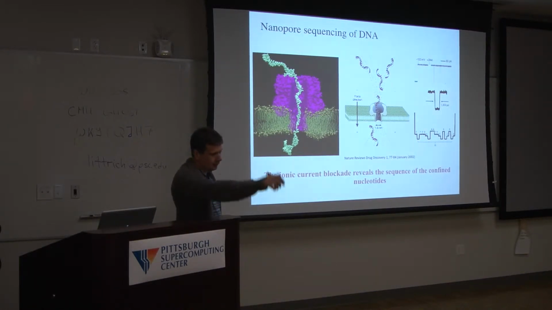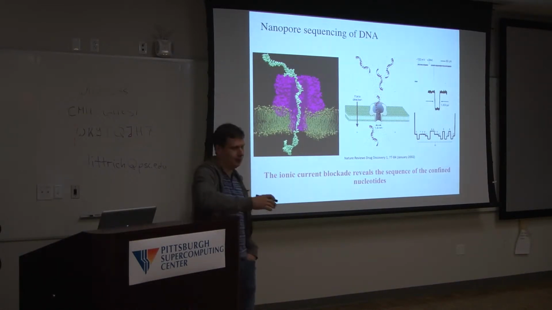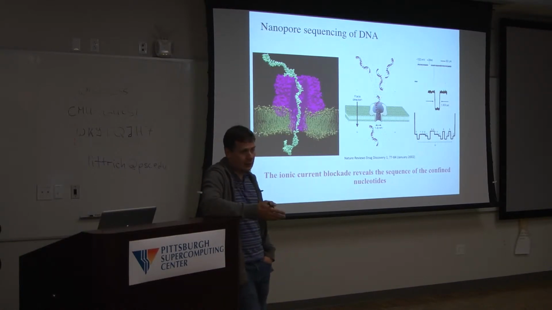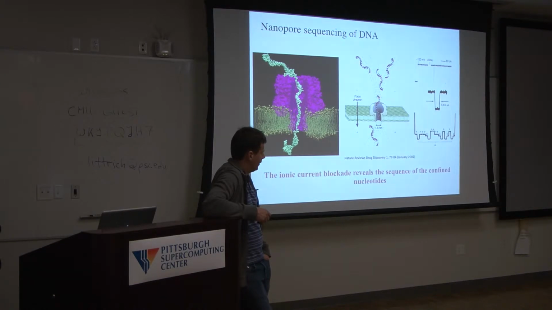So basically, what you need to sequence DNA using a nanopore is just a nanopore and a DNA, and a method to measure the current. What you're looking at is a membrane channel called alpha hemolysin.